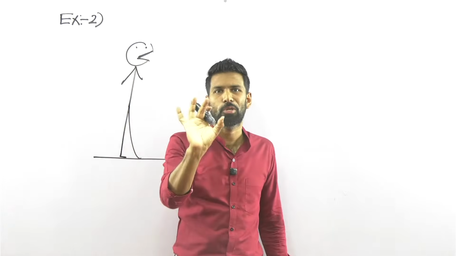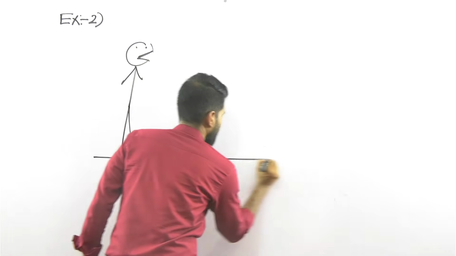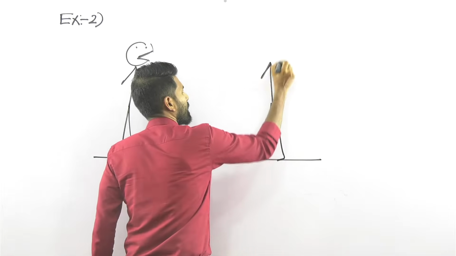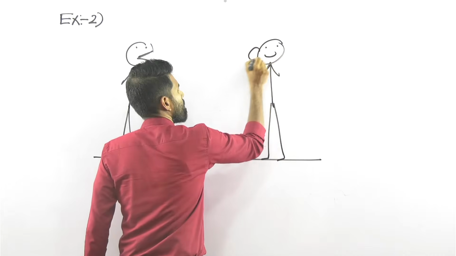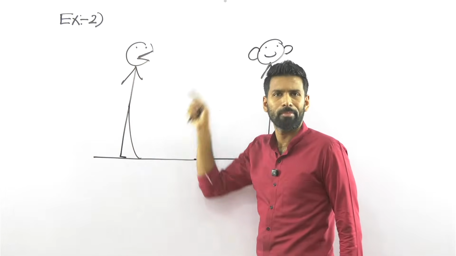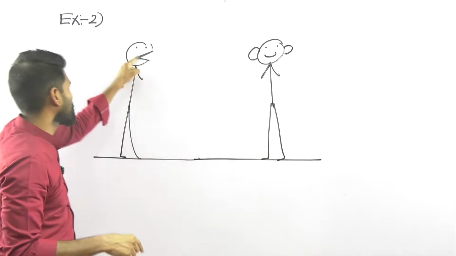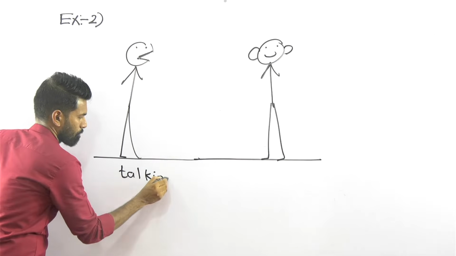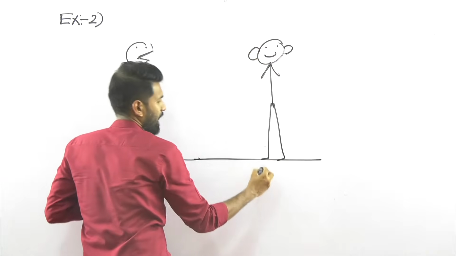This person is talking. And there's another person. He hears what he says. There's a person, he's talking, and this person can hear.